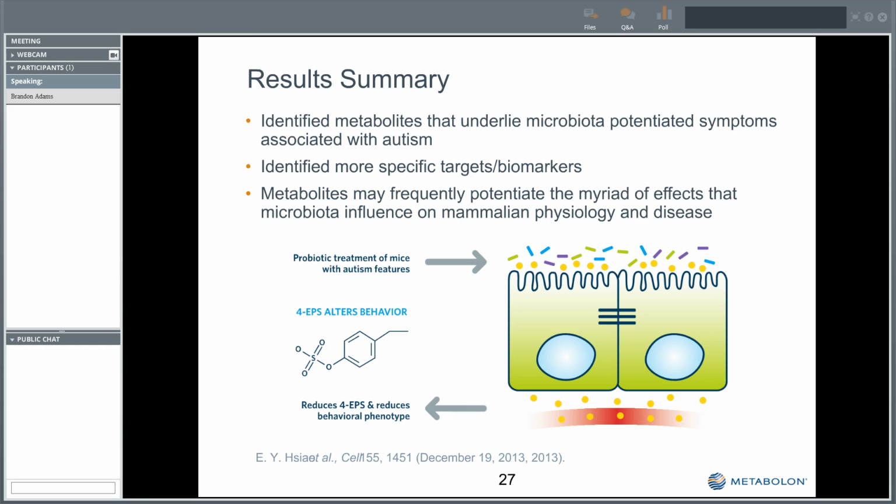So this is another example of metabolomics being used to understand host and microbiota interaction. Out of the hundreds of metabolites that we detect, we were able to narrow it down to a specific target and specific biomarker.